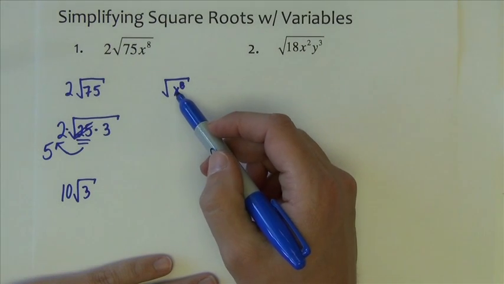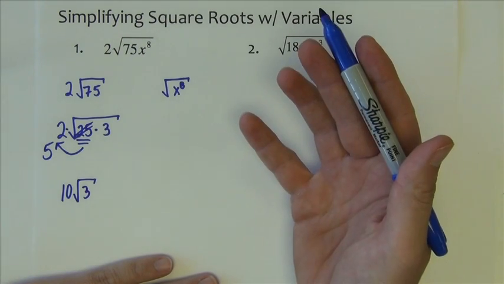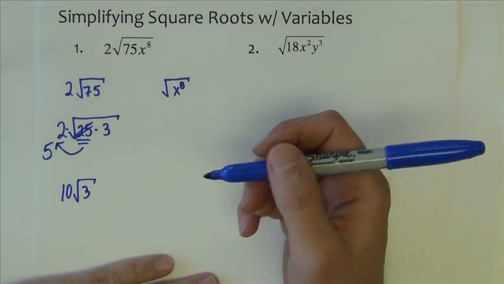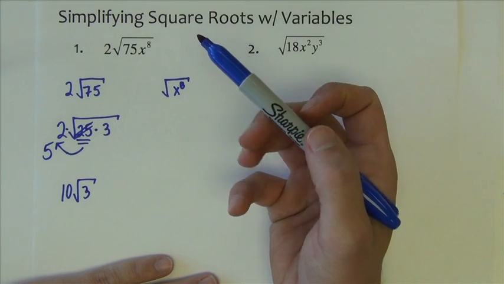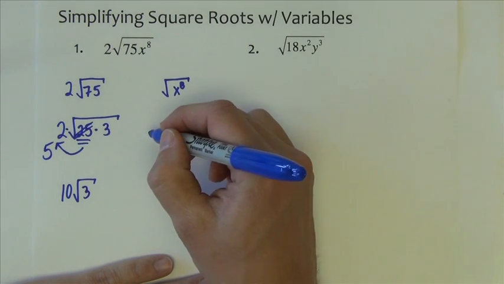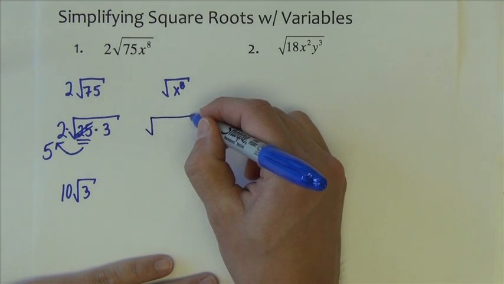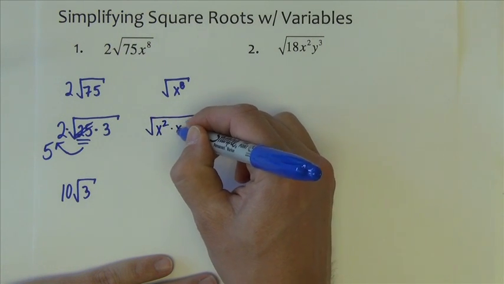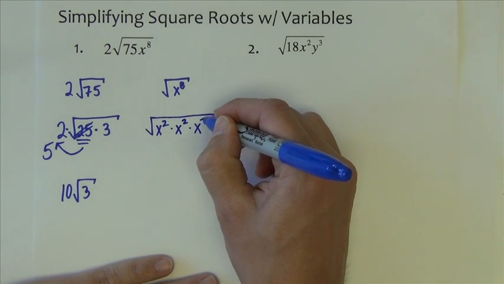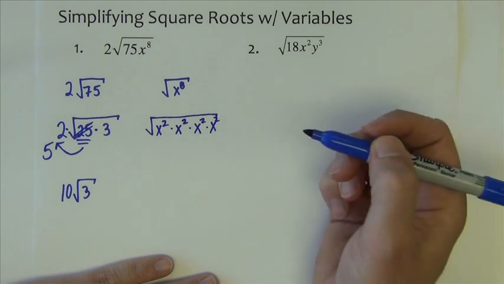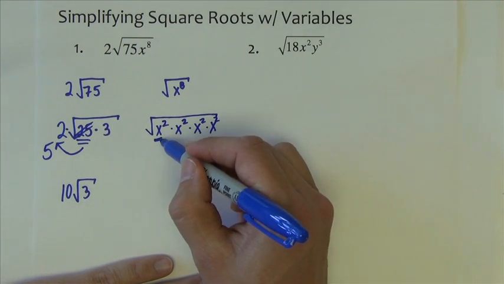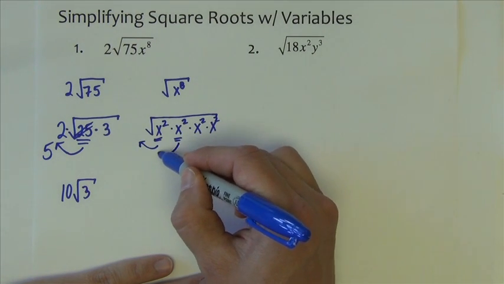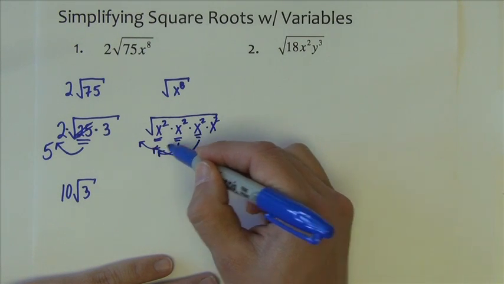Now the x to the 8th, there's two ways that I can look at the x to the 8th. I'll show you maybe breaking it down into perfect squares first. X to the 8th is x squared times x squared times x squared times x squared. Now each of these are perfect squares. They all come out.